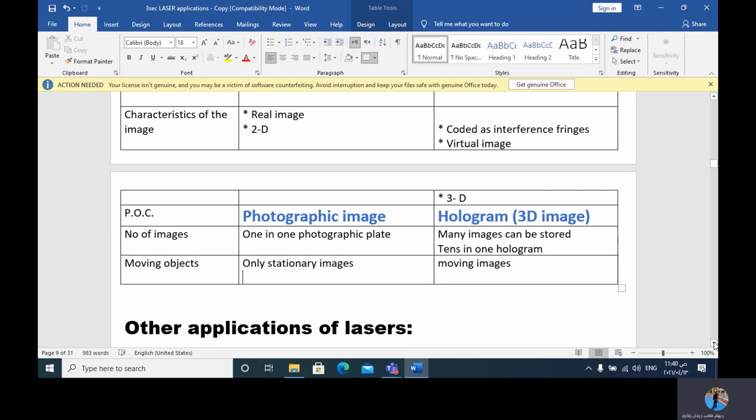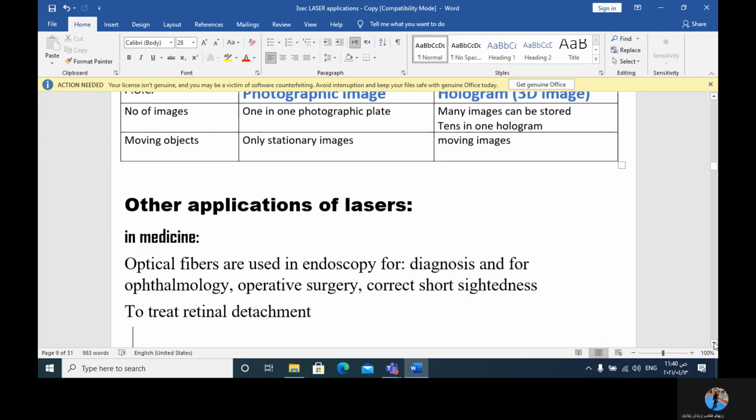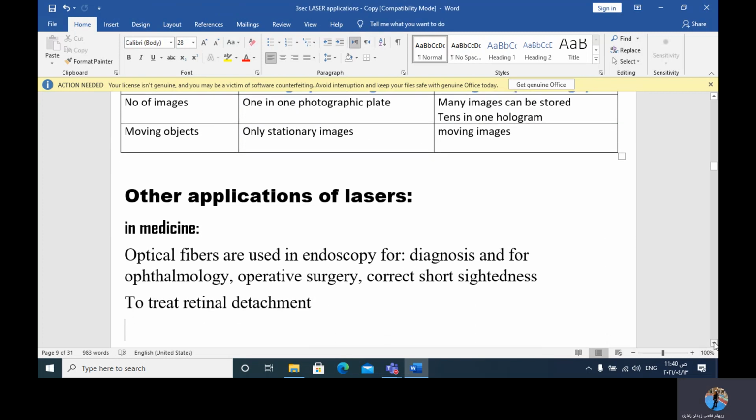As we see in some movies, if you go to a three-dimensional cinema or theater, you can see that things can be three-dimensional, and this can be done using a very advanced hologram in this kind of theaters. Now we finished talking about the hologram and the comparison between the normal images and the holograms.